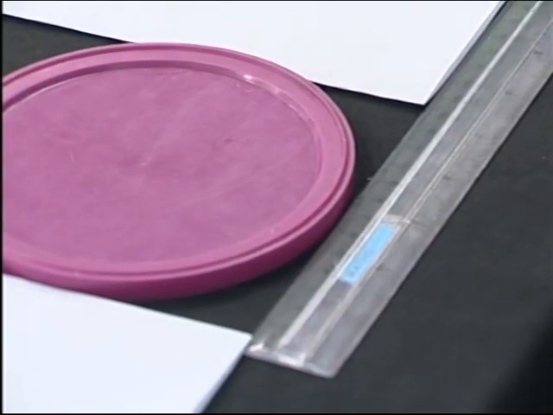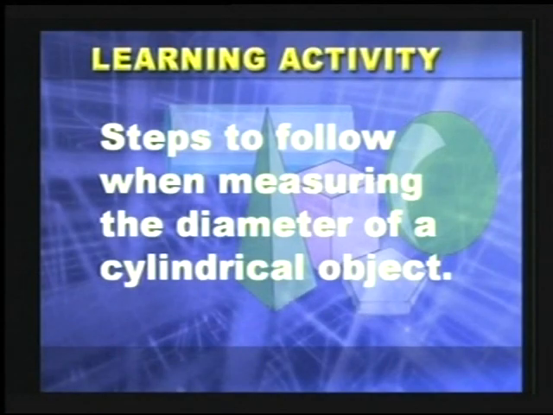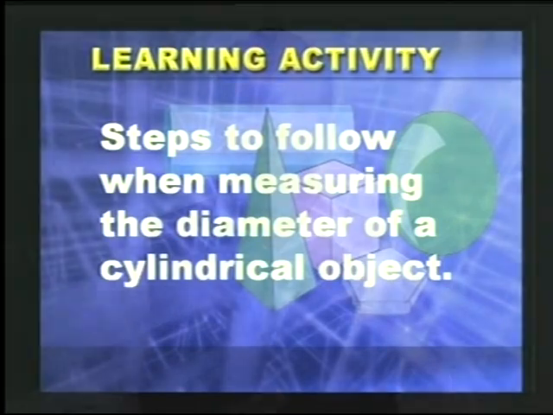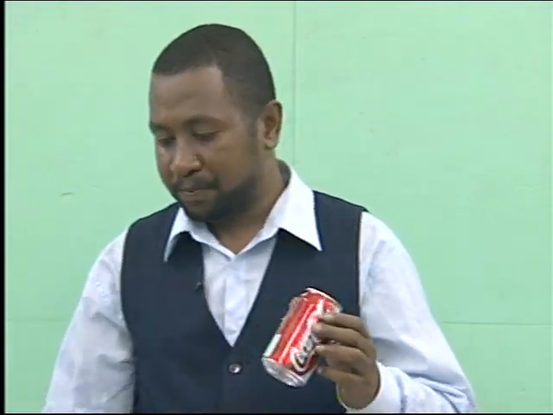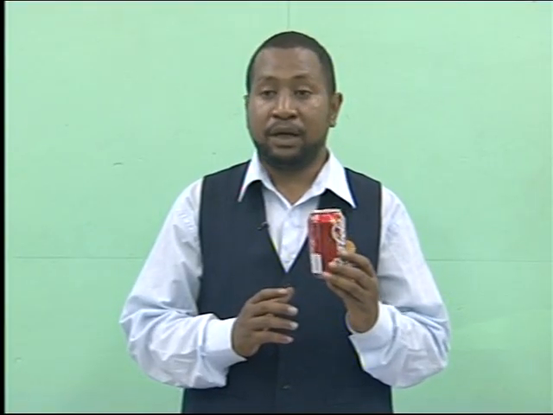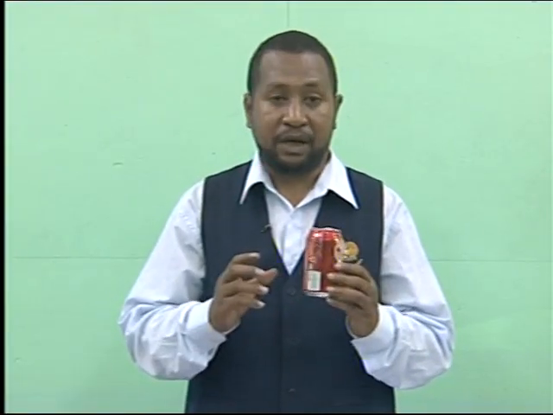Okay, the next step, we are going to measure the diameter of the cylindrical object. So if you have a can or a bottle or cup, you should be ready to use that to find the diameter now. Year 7 students, you have to listen carefully to this instruction because measuring a cylindrical object might be quite difficult.